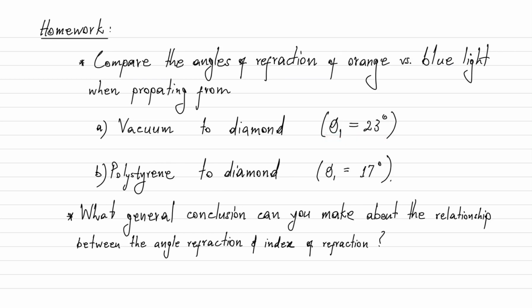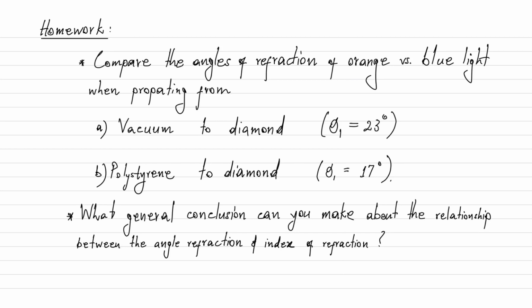Now, calculate the angle of refraction for the orange light and the blue light and compare. Try to convince yourself that the angles are different, that is, they're going to come in parallel and continue to propagate in diamond in different directions.